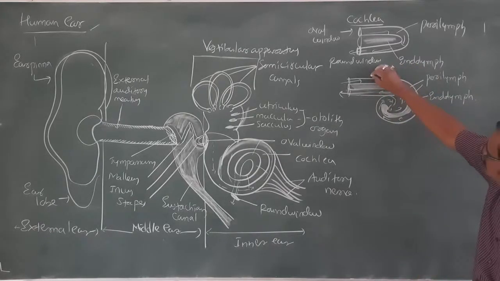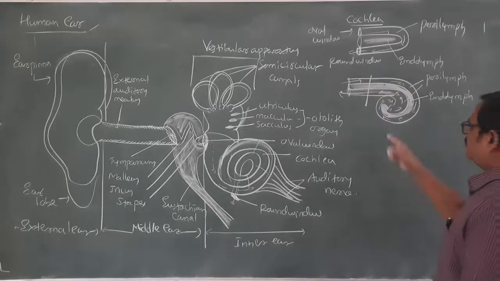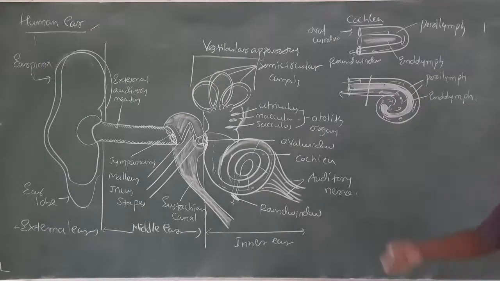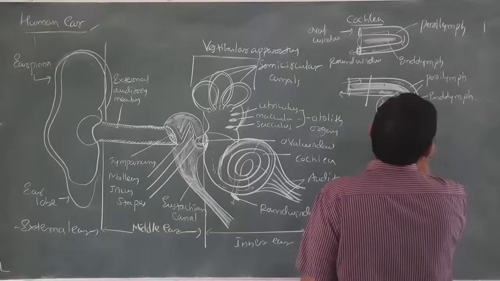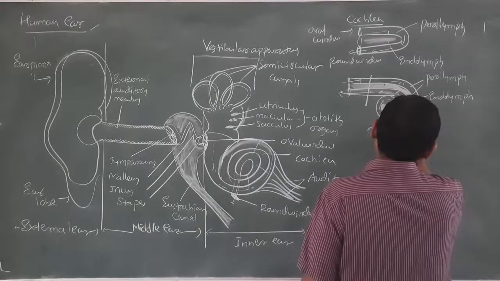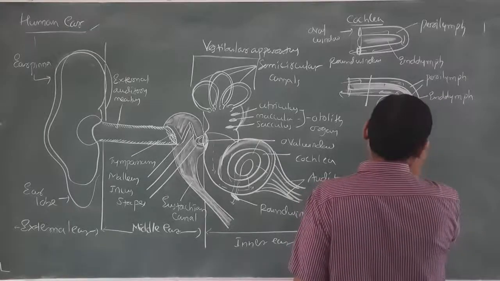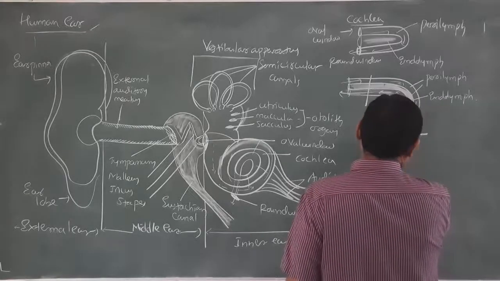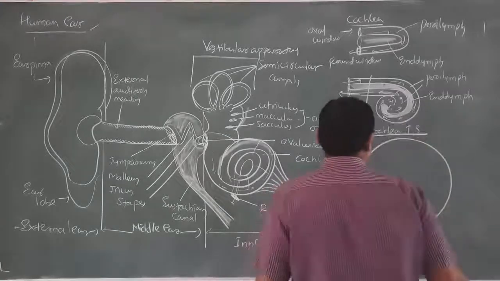If you take the section of this, what do we find? Let me tell you, the cross section of the cochlea. We studied the longitudinal section, now the cross section of the cochlea reveals the most important structure.